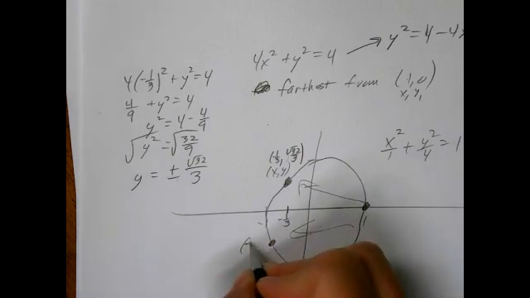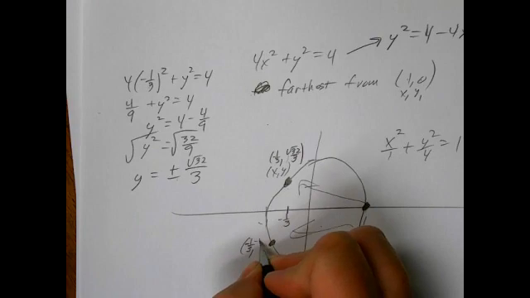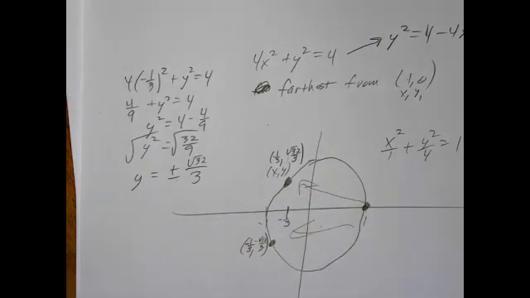Because negative 1/3 and negative square root of 32 over 3 are equidistant from that point. So they both make sense for a maximum distance type answer. And so both of those answers are reasonable. Both of those are the farthest away they can possibly get from the point 1, 0.